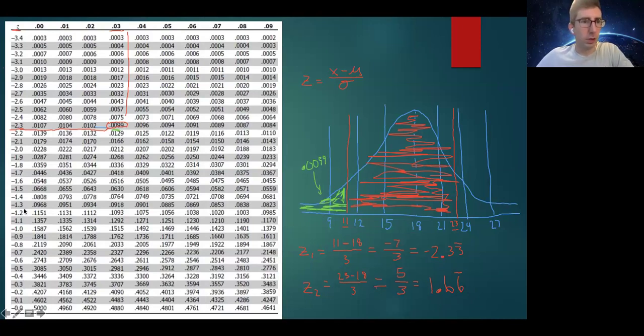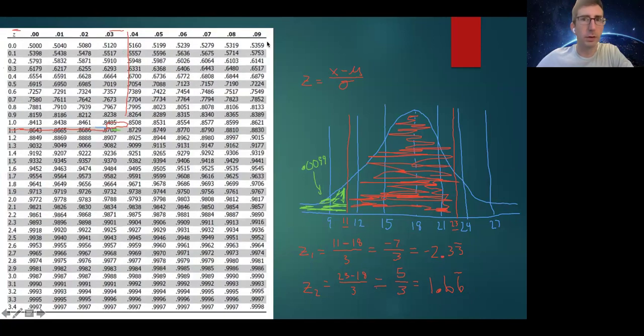So let's go forward to our positive table. Now we're looking for positive 1.66. So let's go down to 1.6, and we're looking for 1.66, right?